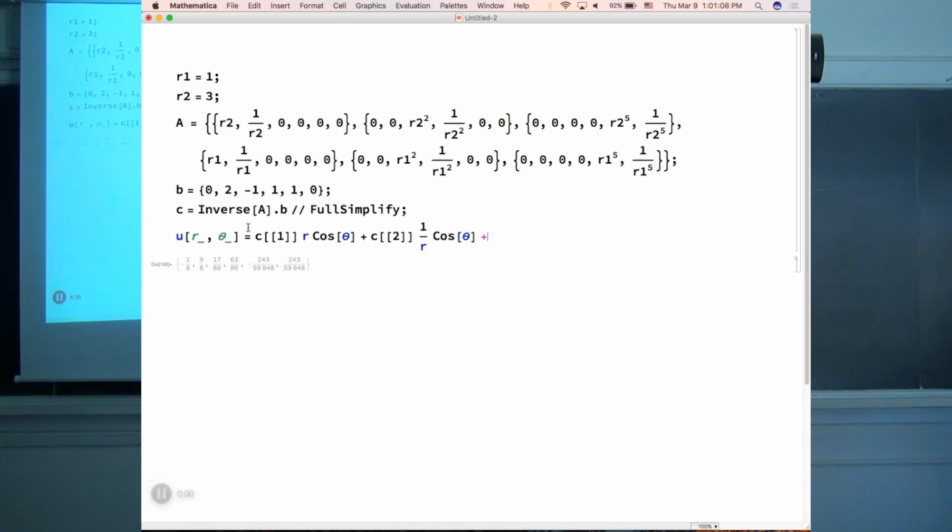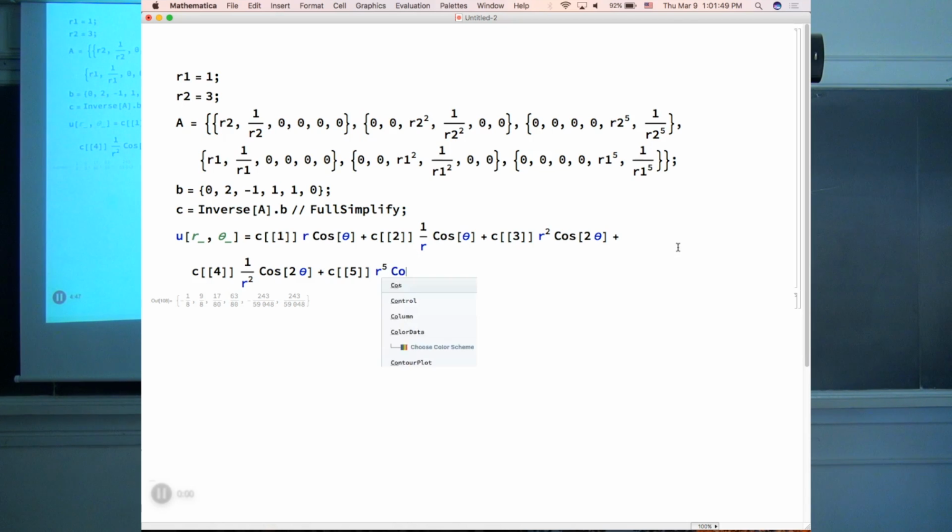Plus C3, which is C2, times R squared times cosine of 2 theta, plus C4, which is D2, times 1 over R squared times cosine 2 theta, plus C5 R to the 5 cosine 5 theta, plus C6, 1 over R to the 5 times cosine 5 theta.